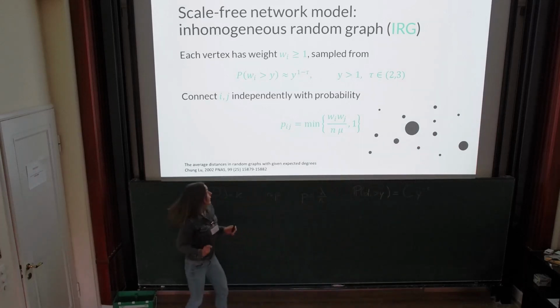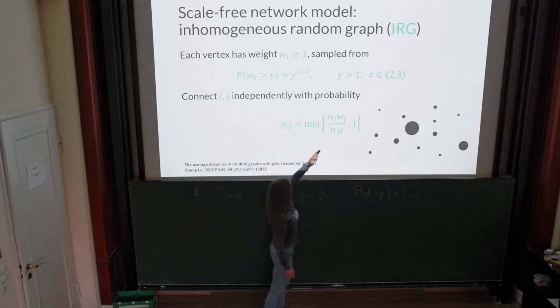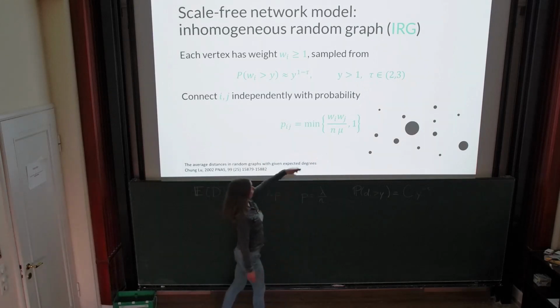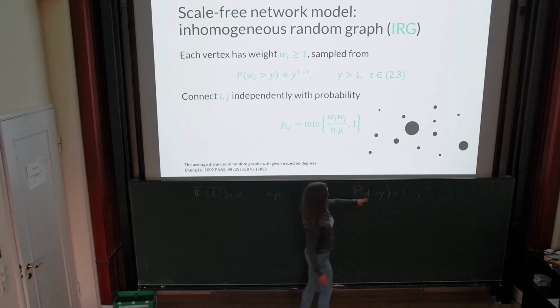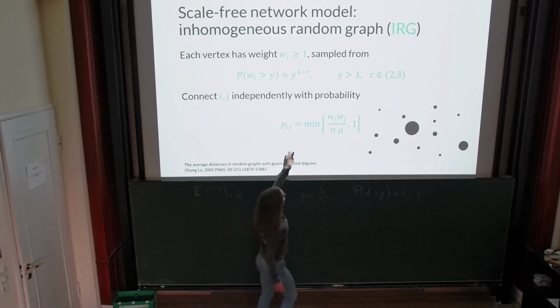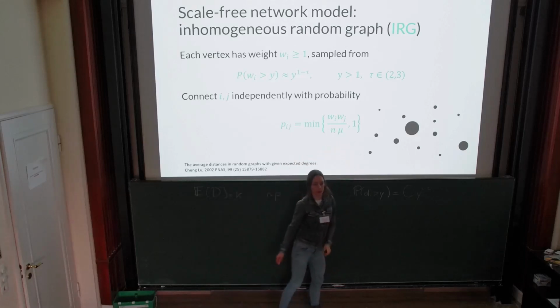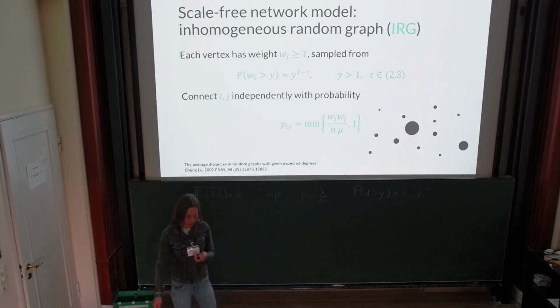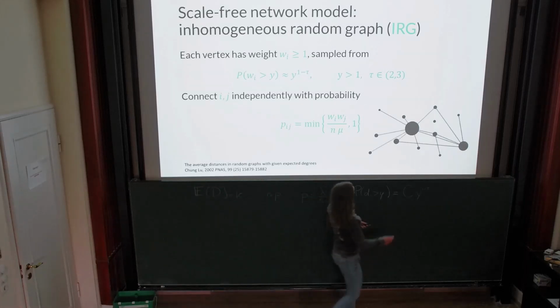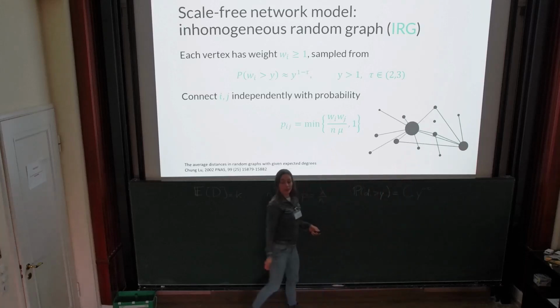These weights are random and independent, and then given these weights, you connect independently with this connection probability: the product of the weights divided by n times mu, where mu is the mean of this weight distribution. And of course it's a probability, so if this exceeds 1, you just connect them with probability 1. And you do that independently. And then you will typically see that the vertices with high weight get more connections, because of course this is increasing in the weights.